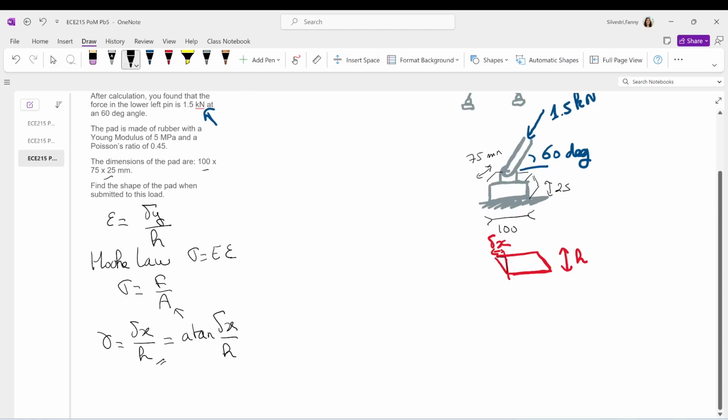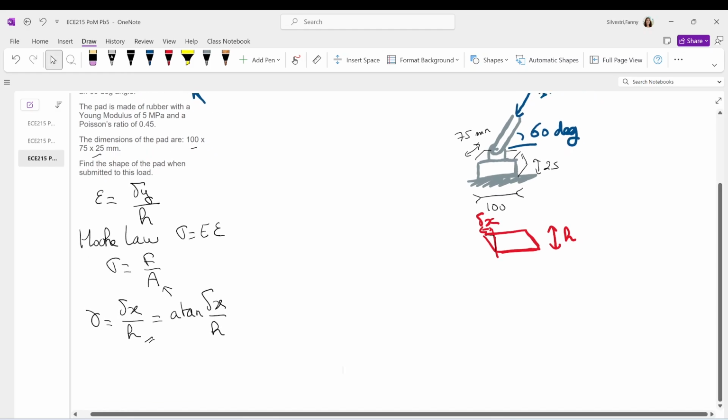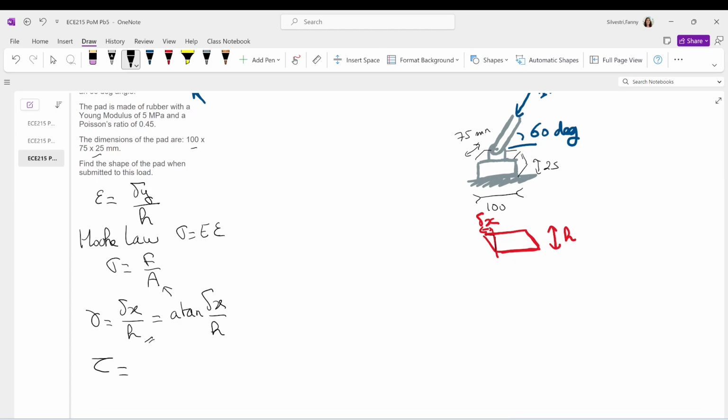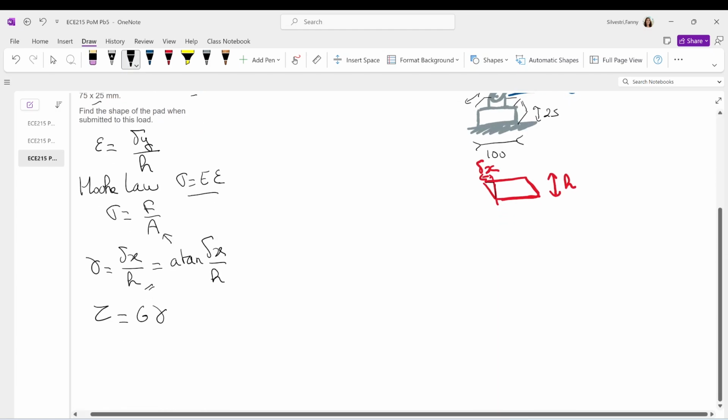How would we get gamma? We get gamma with tau, the shearing stress, equals G times gamma. Same thing as sigma equals E epsilon, tau equals G times gamma. And how do we find G?